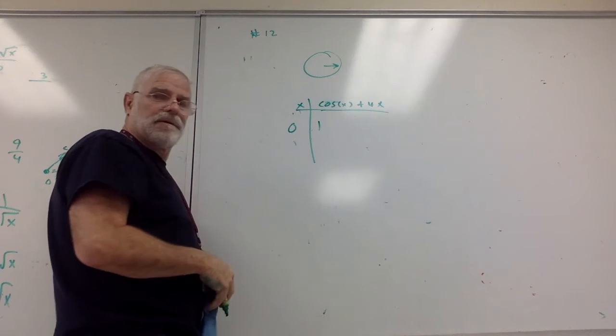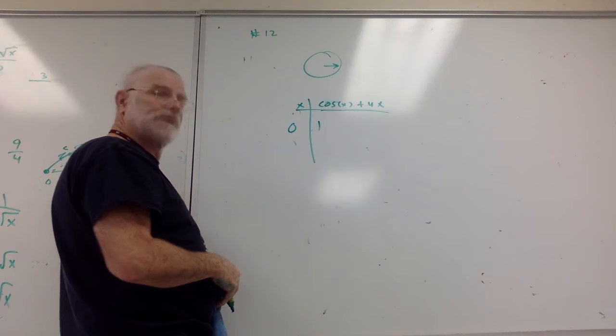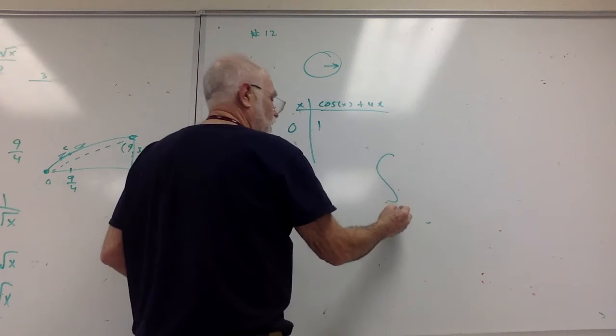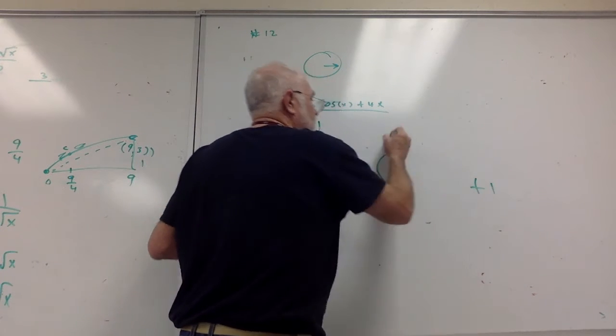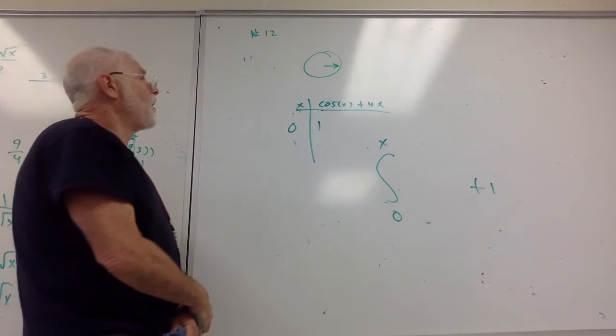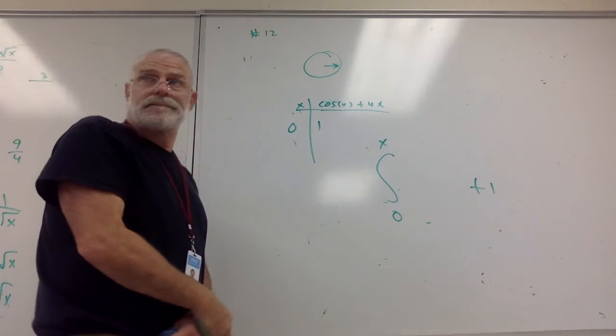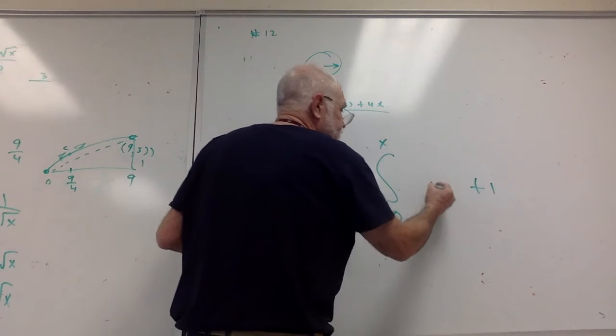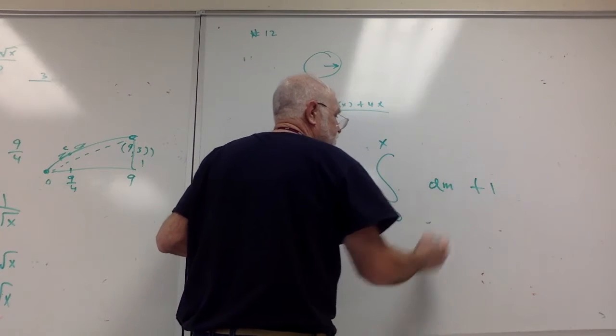We got a point on the curve. How do I write it as an integral expression? I hope you went 0 plus 1 and x. Hope you did that. Oh, I like the letter M. dm.